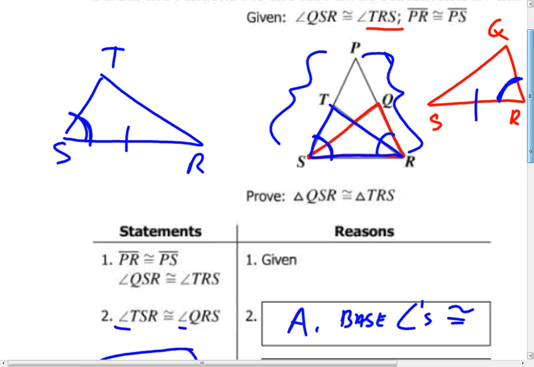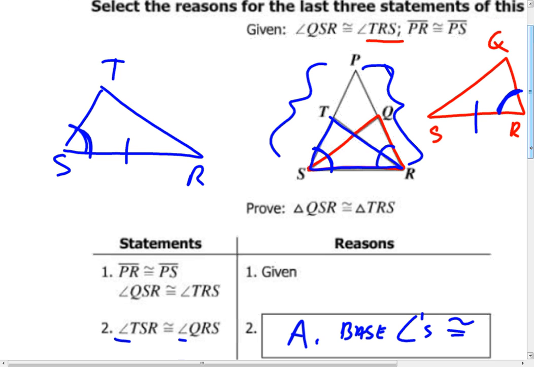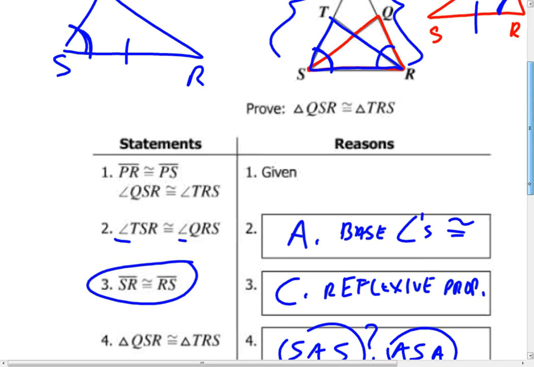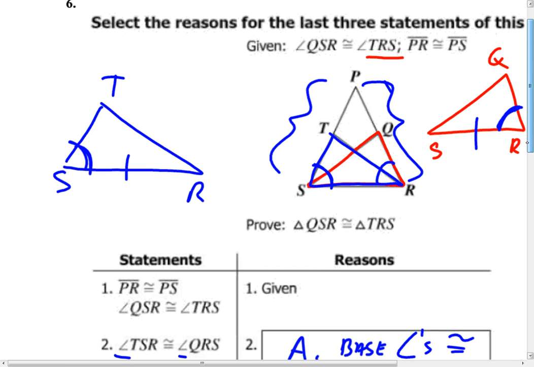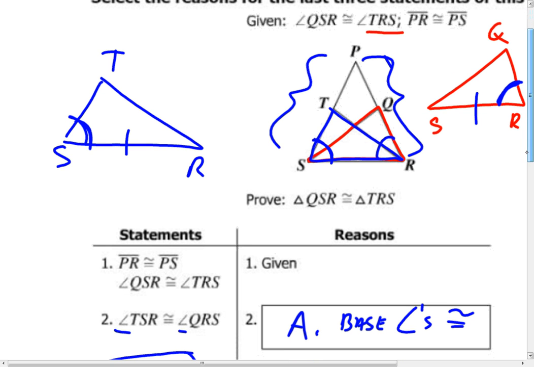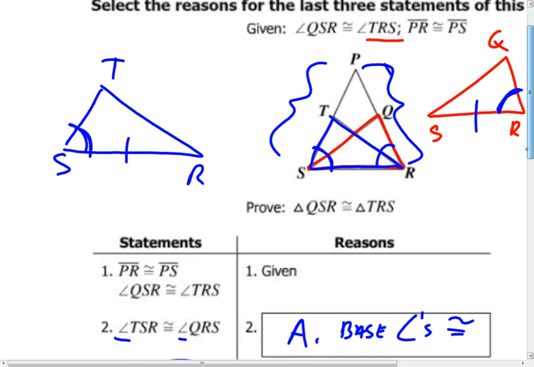Is there anything else that's given to us that is helpful? Oh, I'm not looking at the right triangles, am I? QSR, TRS, oh. No, I am looking at the right triangle. Oh, right there. Two angles. QSR is the little angle right here.